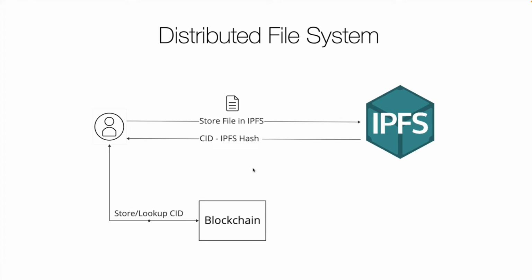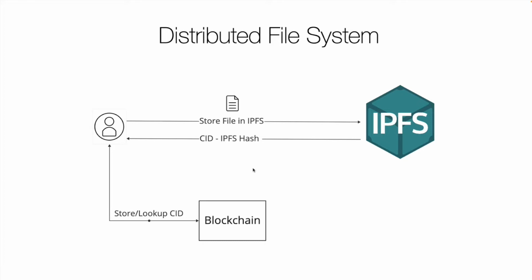Also, it's worth talking about the distributed file system. In a blockchain network, it's not really made to store big data. To solve this problem, we use the distributed file system. Here the user will send the file they need to store, and then they receive back an IPFS hash or a CID.